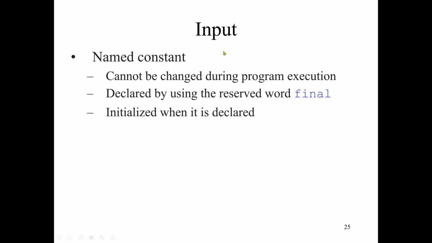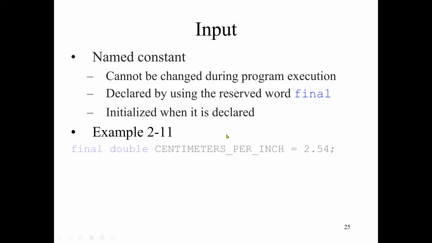And anytime we declare a constant value or a constant variable, we declare it by using the reserved word final. Then we have to initialize it. So anytime you declare a constant variable, we need to initialize it. So this is an example. We have a variable named centimeters per inch.